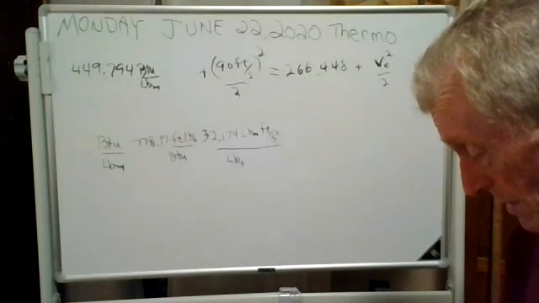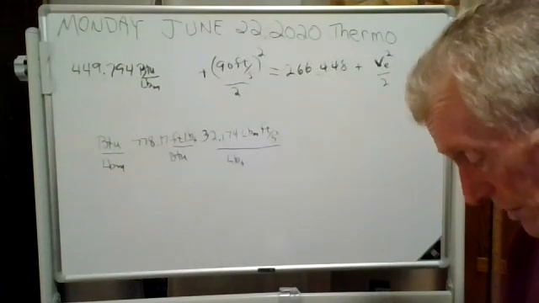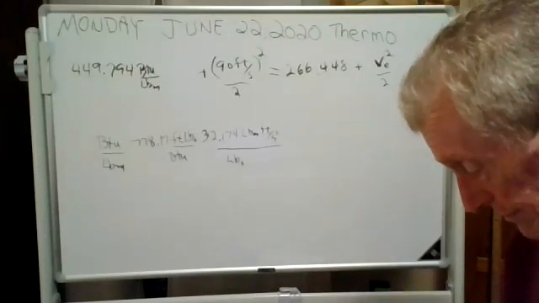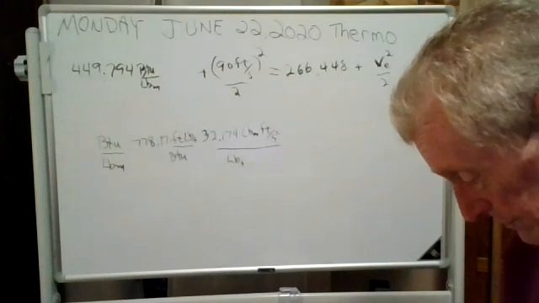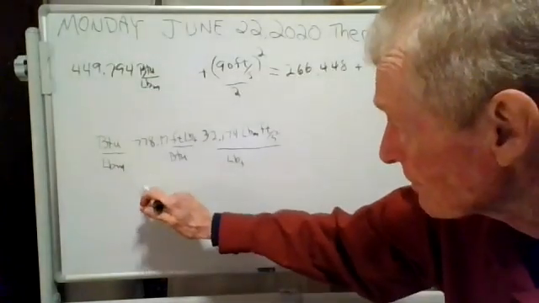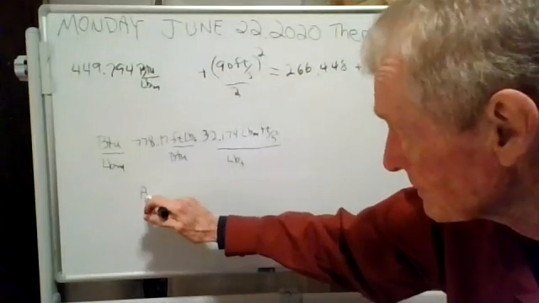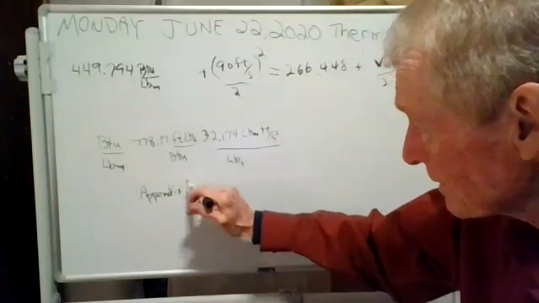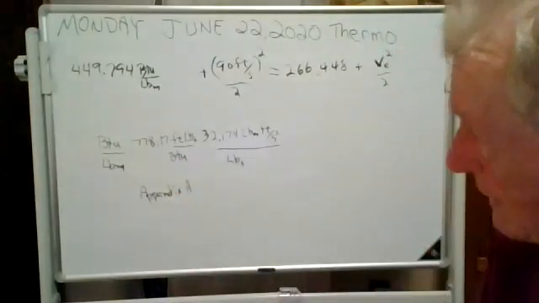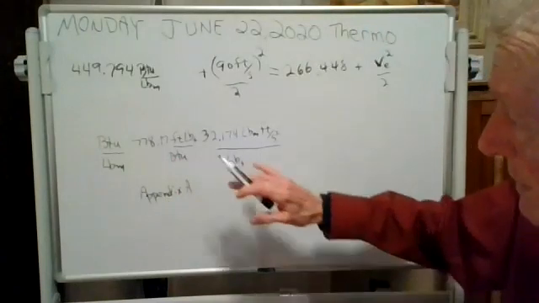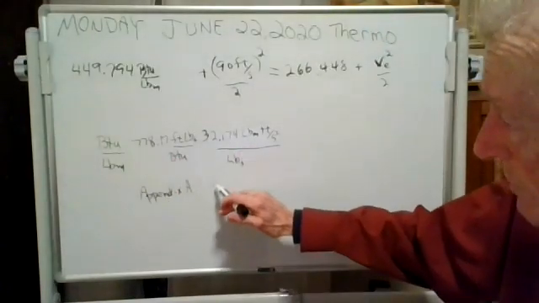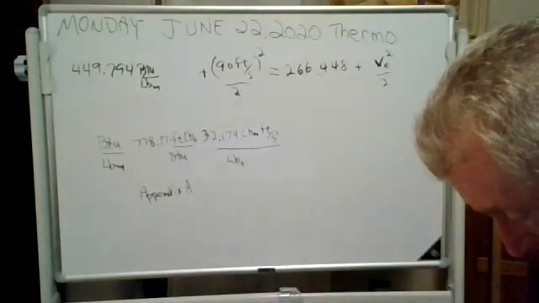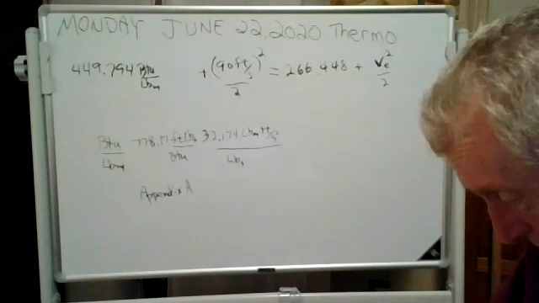It's Appendix A. There it is. You could look it up for yourself. You should be familiar with this Appendix A. It's very useful. This is also given probably on that appendix, but I don't see it. Let me see if it's in there. I'm just curious.